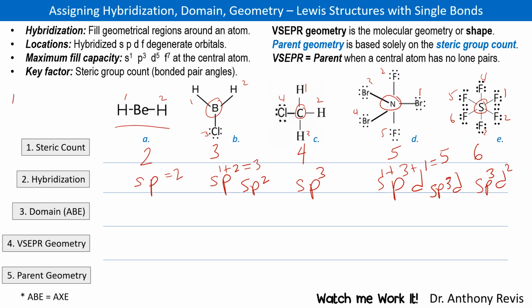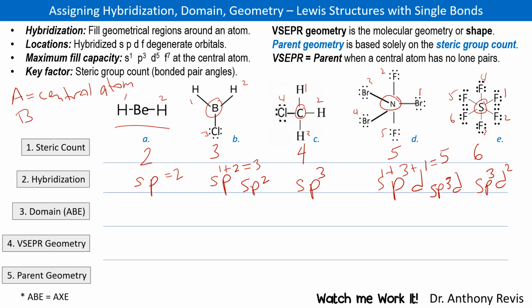A equals a central atom or element. When we say atom, we're not talking Avogadro's atoms, we're talking about elements. So A is a central atom. Central atom.